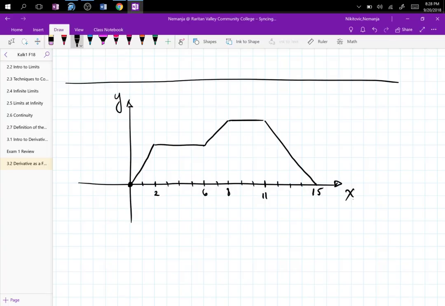Can we draw the derivative function looking at this graph? The answer is absolutely yes. Can we draw it precisely? The answer is yes, because all of the values that we need are present on the graph. So what should I do for the first line over here? Where do I draw my red?